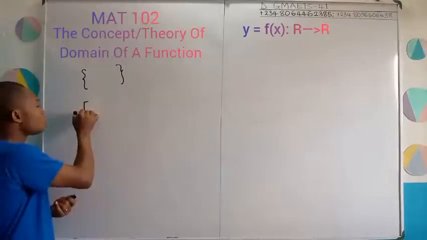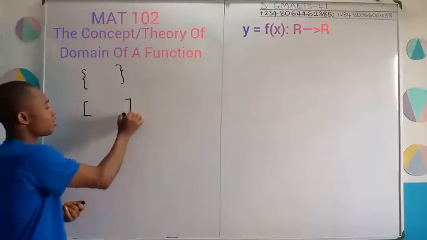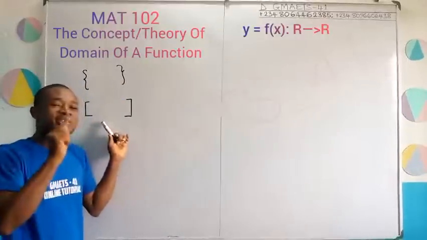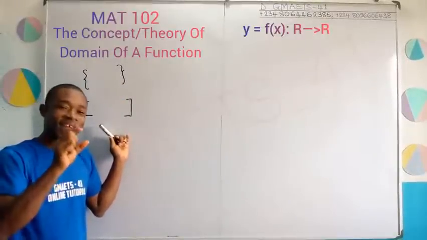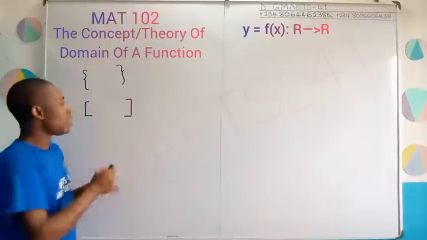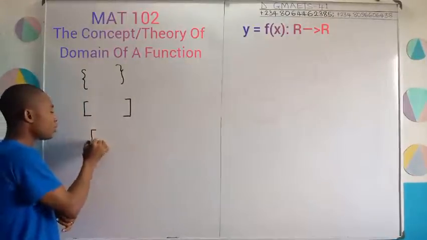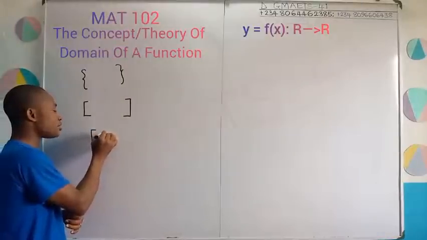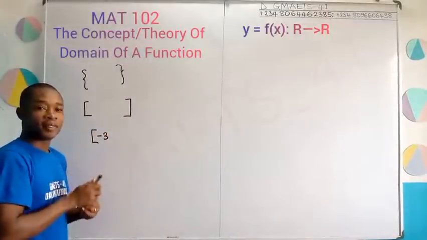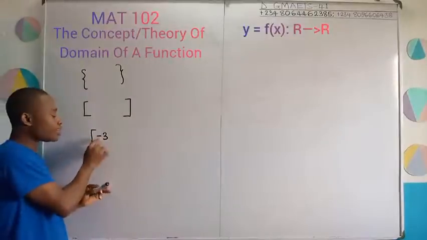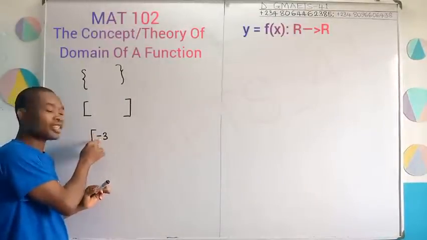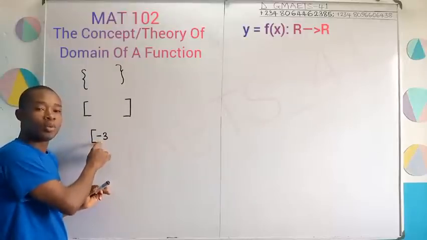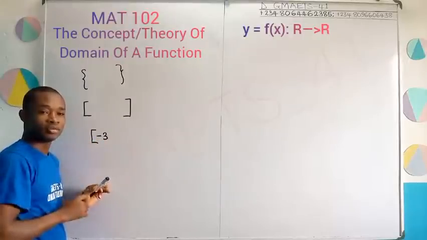Next, for interval form, we can use square brackets, either this or this. When we use this bracket, it carries a special meaning. For example, if I have an open bracket and then write, let us say, -3 here, this simply means that -3 is the starting point and also part of the domain of the function.